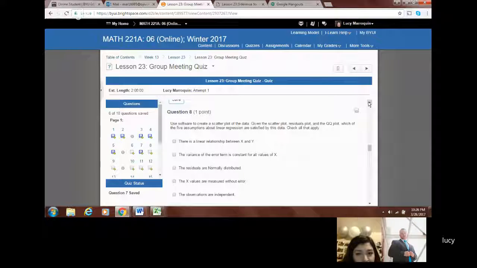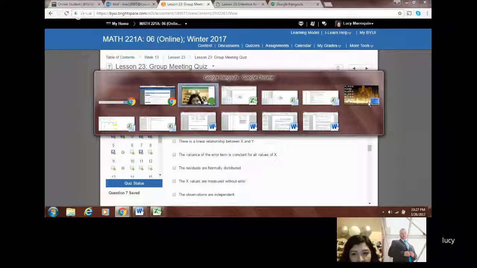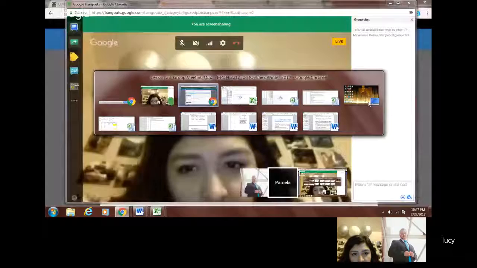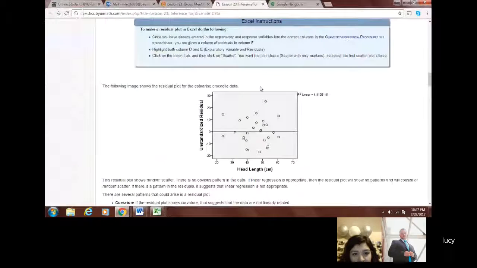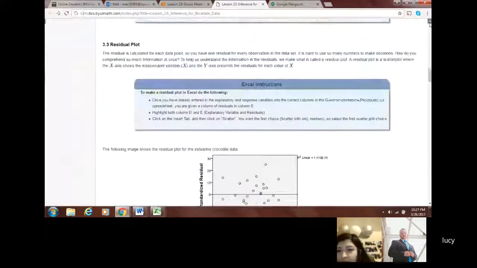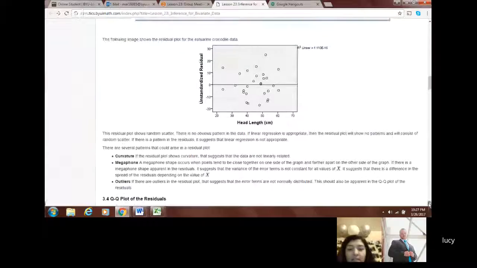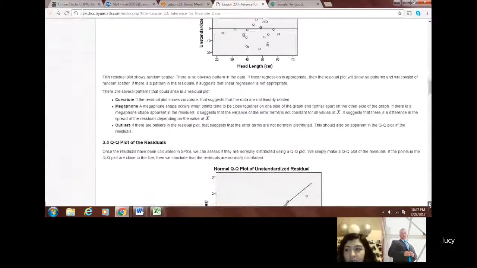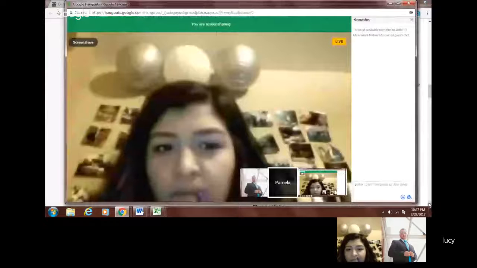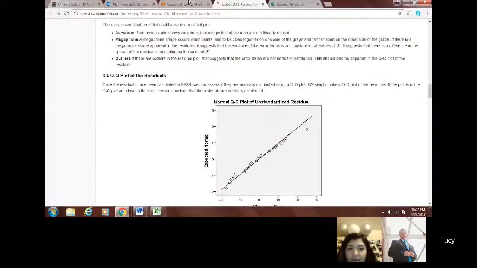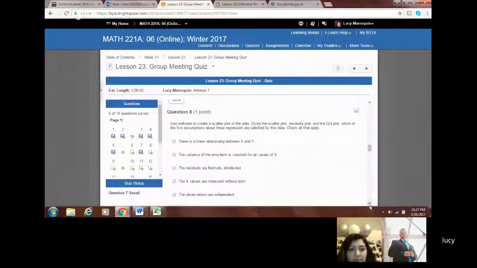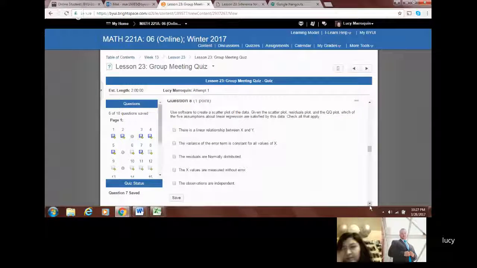We would have to look at... is that hot dog shaped? Yeah, ish. So would that be there's a linear relationship between X and Y? Yeah, that'd be one.